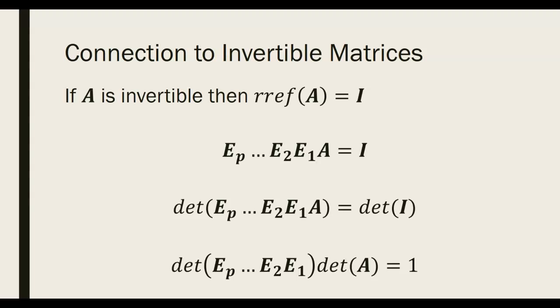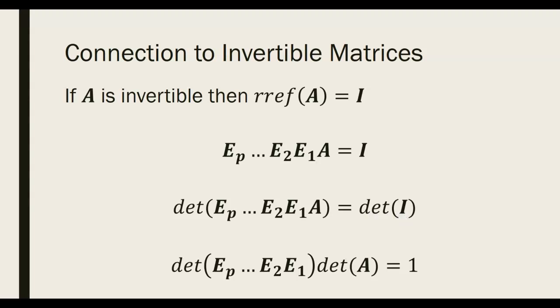Now, row reducing to the identity means that you're going to have a bunch of elementary row operations applied to A, which gives you the identity matrix. Now, we can take a determinant of both sides of this equation. If you take a determinant of both sides, the determinant of a lot of products of matrices is equal to the determinant of the identity.